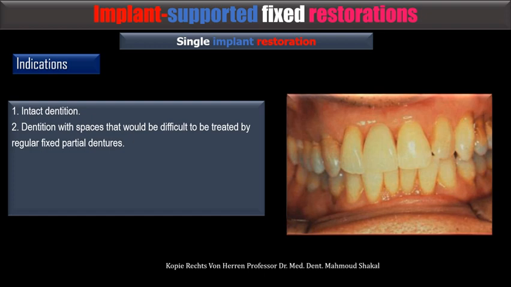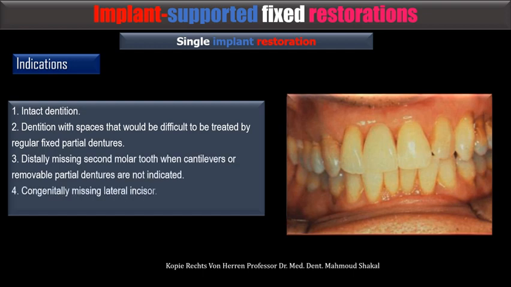If you have installed a fixed bridge, then you would have to make the teeth larger to compensate for the spaces between the teeth, which makes the teeth look uglier. Also distally missing second molar when a cantilever or removable partial denture are not indicated, congenitally missing lateral, which very often happens, and failure of endodontic treatment cases.